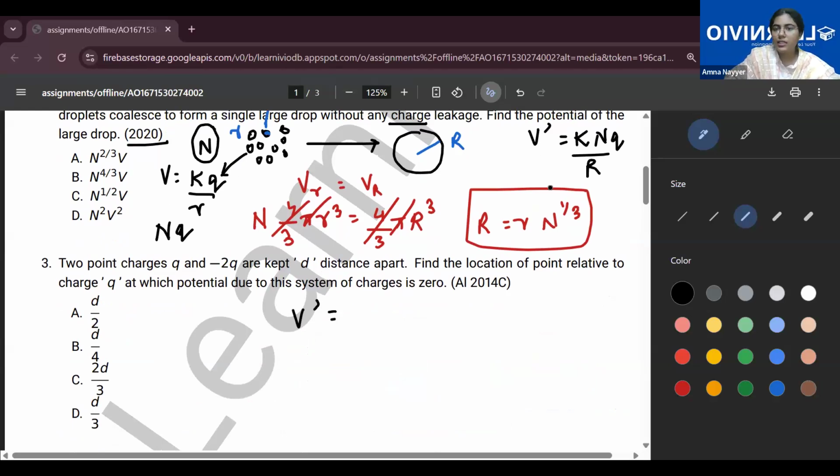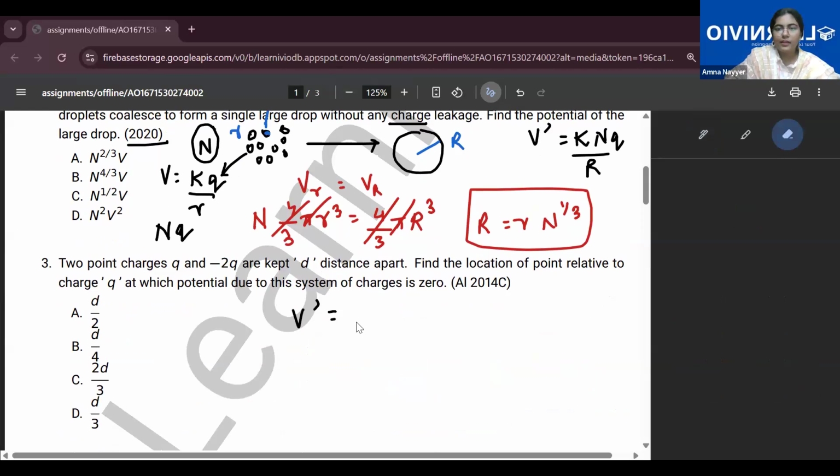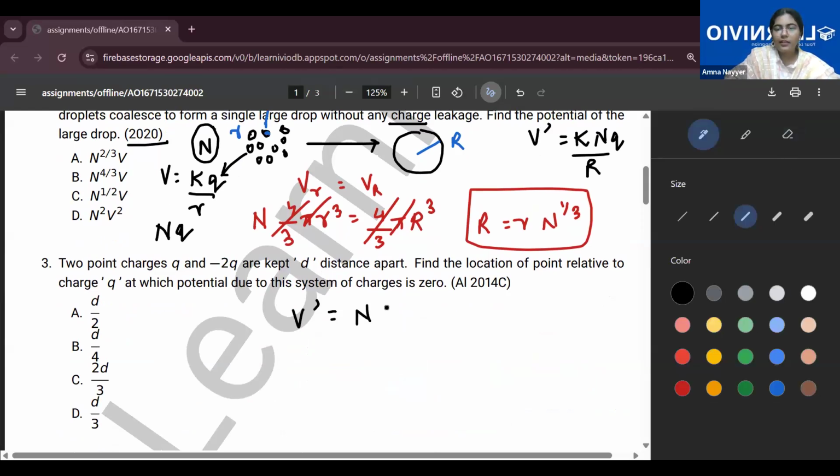Let's put all the values in this. K, n, or let me write it a little bit like this: n, K Q by R, n to the power 1 by 3. See, this term K Q by R is your potential, the earlier potential which we took.